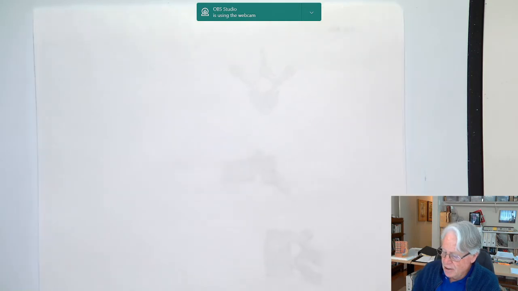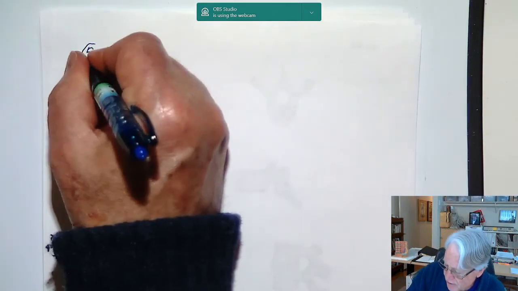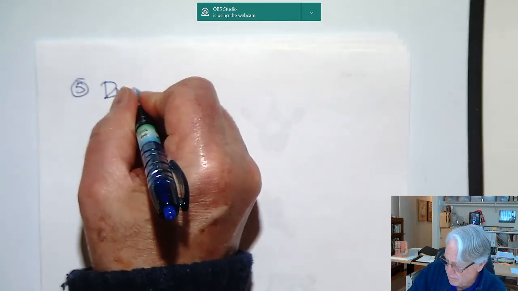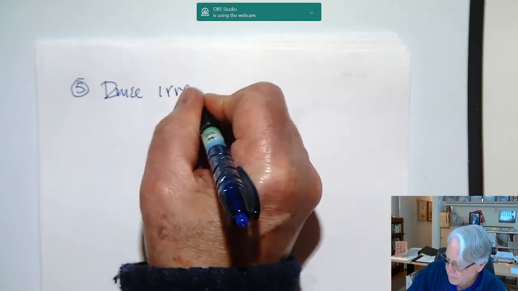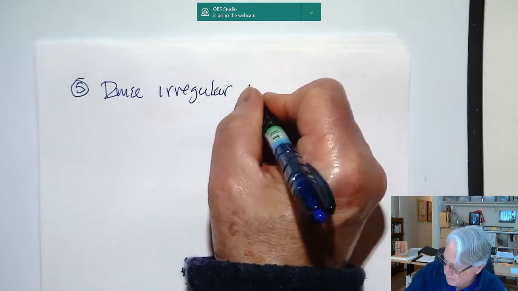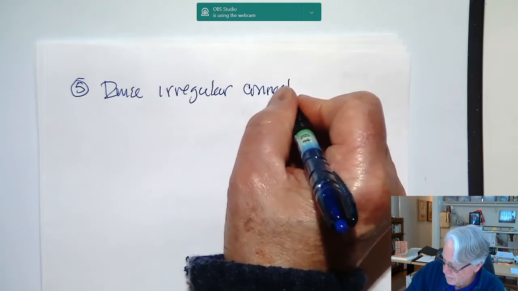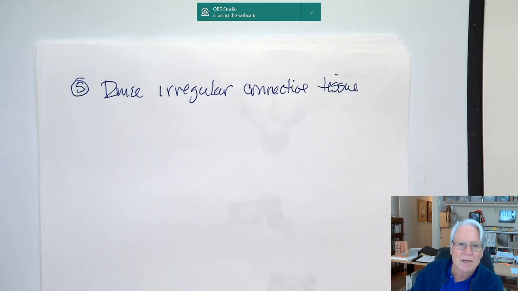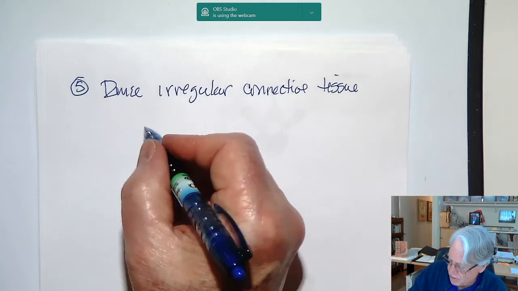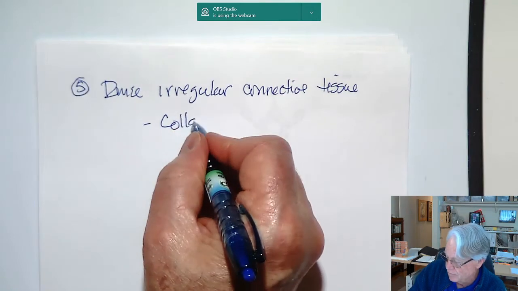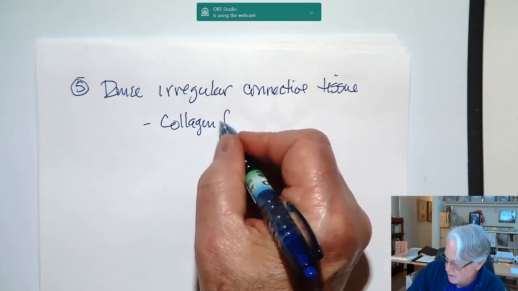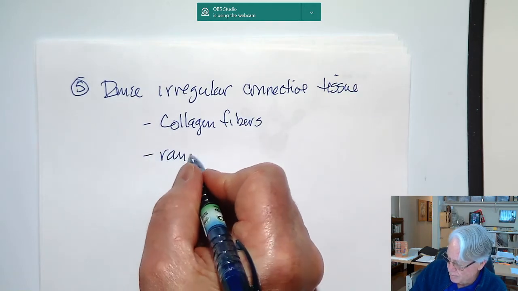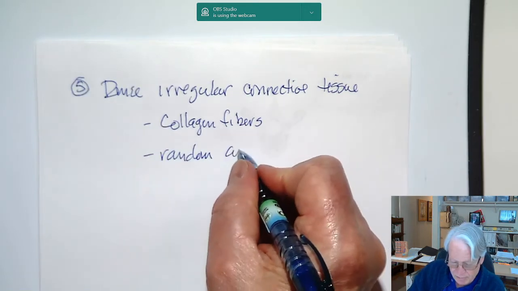The next, number 5, is dense, irregular connective tissue. Here we also have collagen fibers. And here we have a random arrangement.